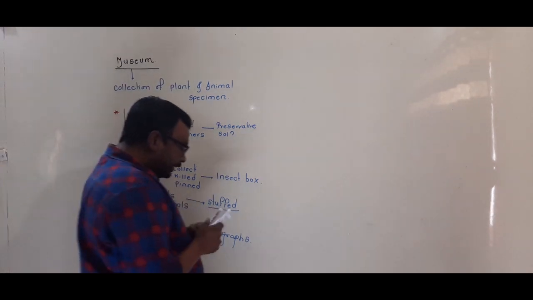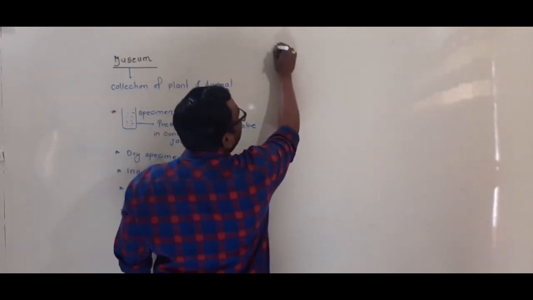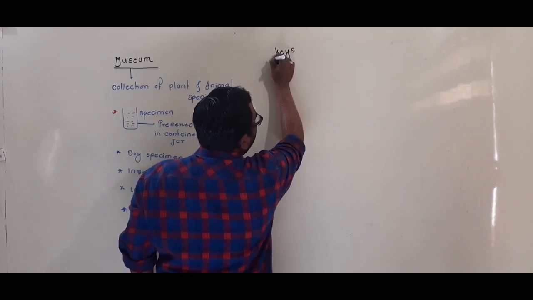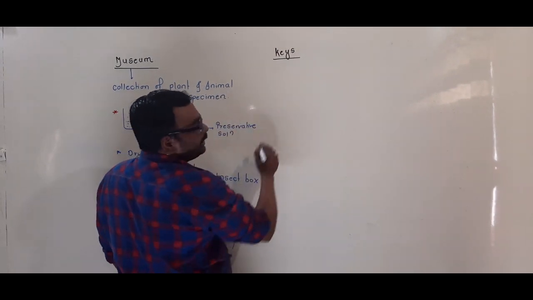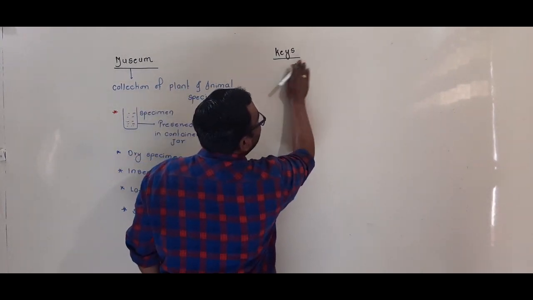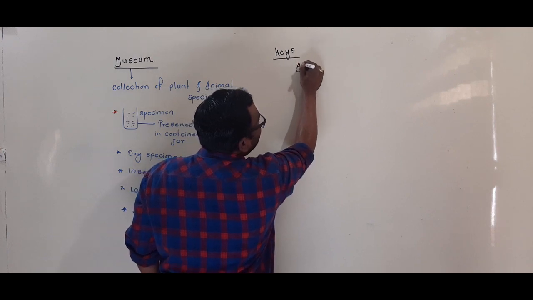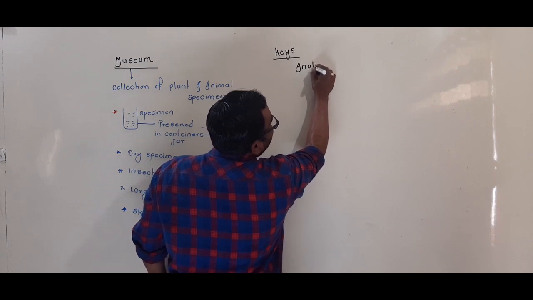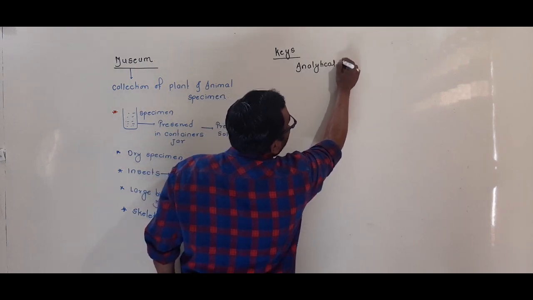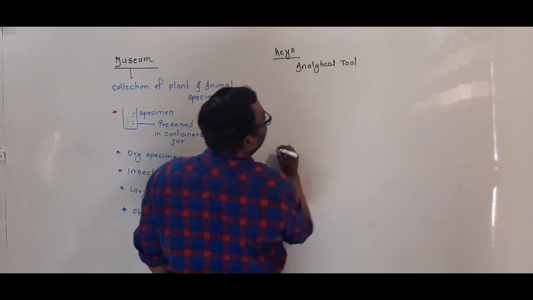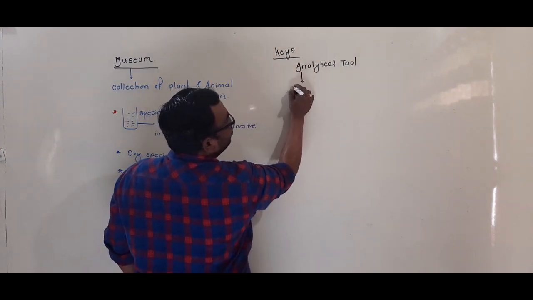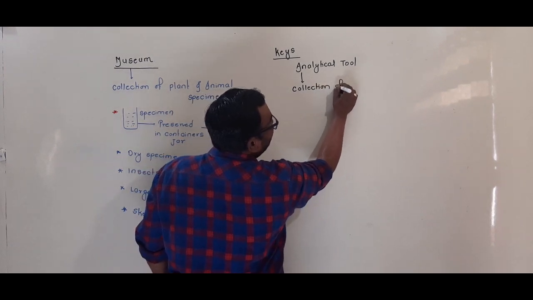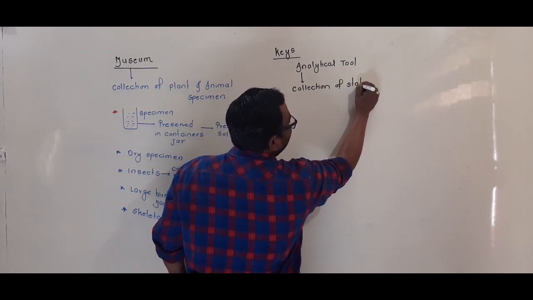So a collection of plant and animal specimens is nothing but called a museum. And another taxonomic tool used in taxonomic study is keys. The one point you have to remember is that keys are considered to be an analytical tool. That means keys are considered to be a collection of different statements.